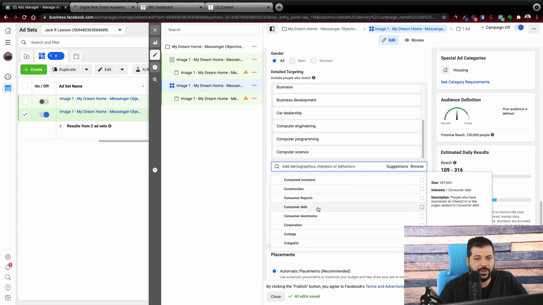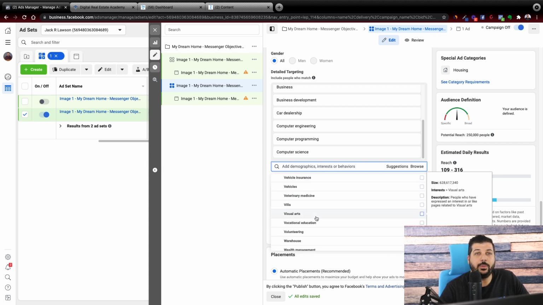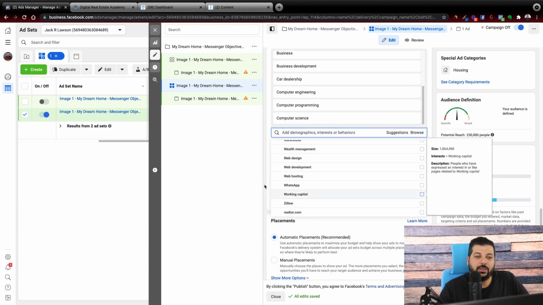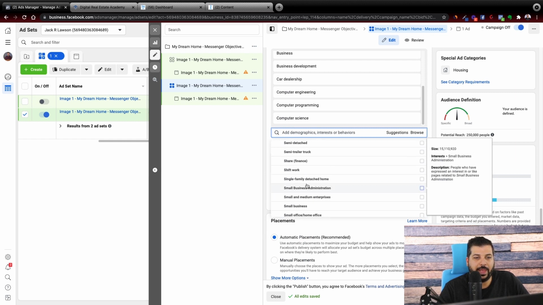So again, I would go through the list. I'm not going to go through it because it's going to take a little while. But think of who would be interested in this, and if it would translate into possibly being more in tune with finances, that's something I would click on to increase the likelihood that they have a little more money and are higher-end buyers.